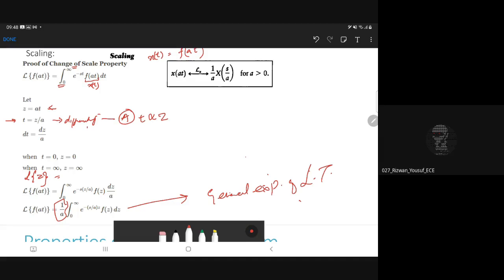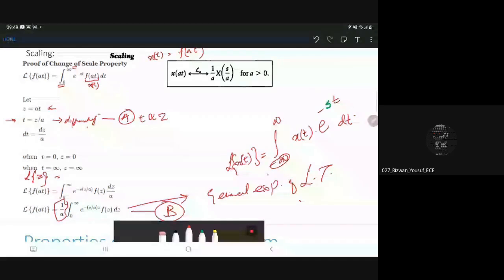In the general Laplace transform equation, the Laplace transform of x of t is equal to the integral from 0 to plus infinity of x of t into e raised to the power minus s t, dt. Now please correlate it with equation B. In equation B you have dz instead of dt, and f of z instead of x of t, no problem, that is quite the same. But instead of e to the power minus st you have e to the power something into z, that is quite logical, but s is modified here: instead of s you have s by a.